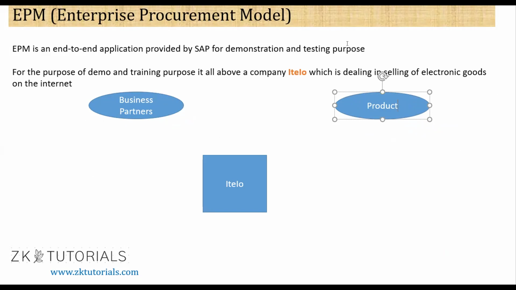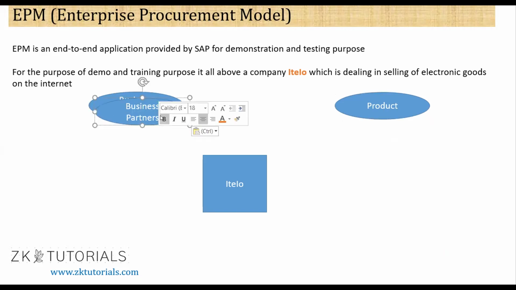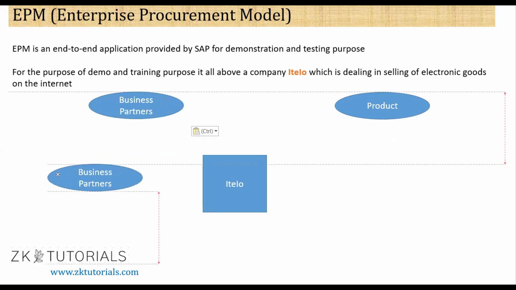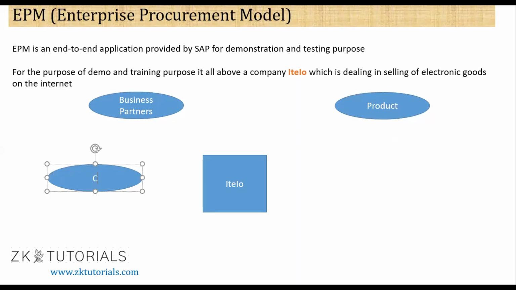Now business partners are of two types. Anybody who is dealing with the company is a business partner, be it a customer or a supplier. So on one side we will look here at the customer, and on another side we will see the supplier.